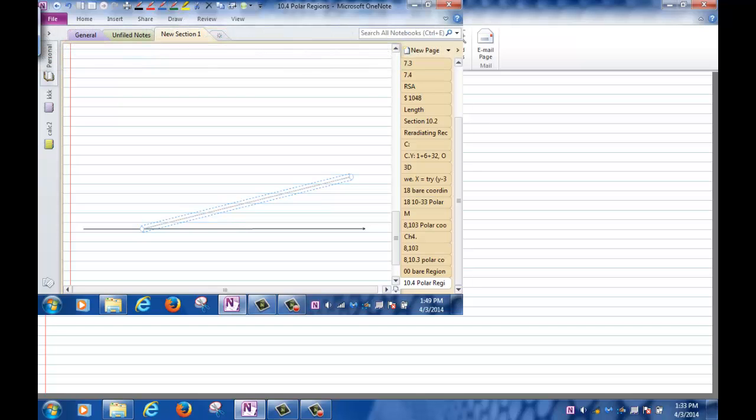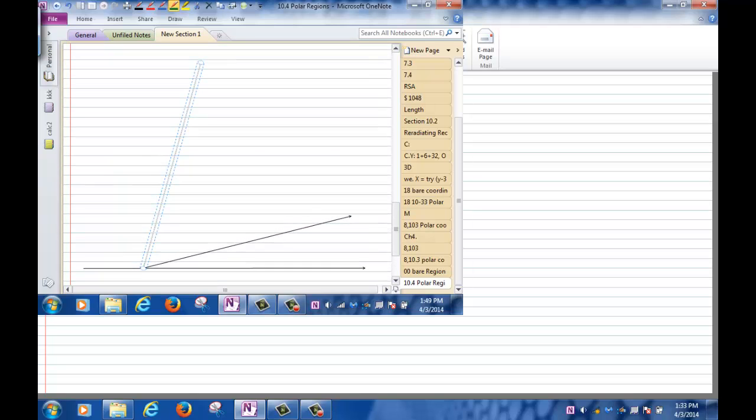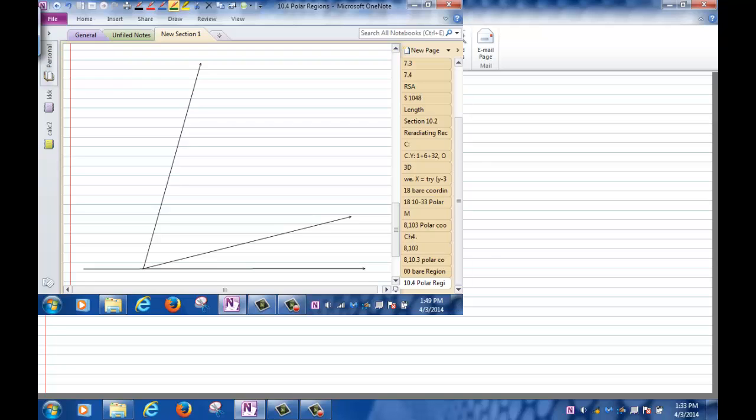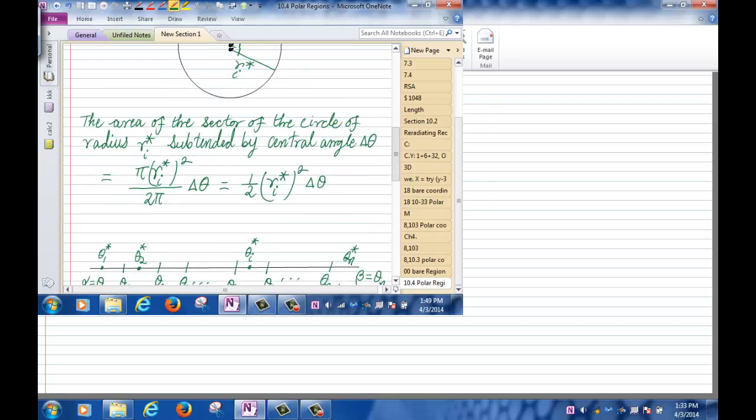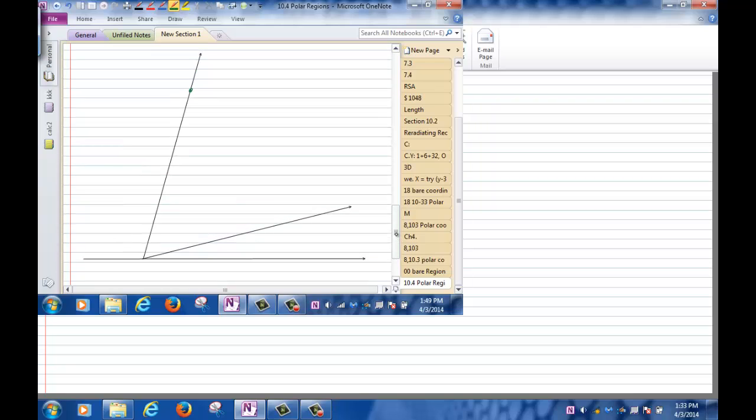Beta, I will draw it like this. And my curve, let's say, how did I draw it before? Close enough, I guess.